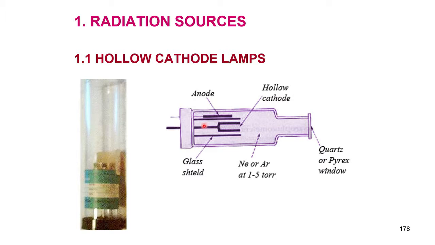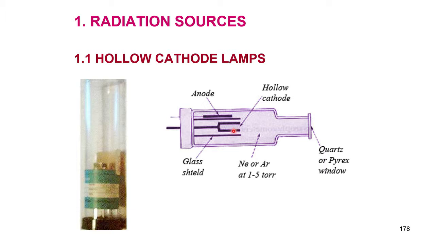This cylinder is evacuated, and we have a cathode made of a cylindrical U type. You can see this is hollow cathode, and it is in the form of a circle. It's a whole cylinder.